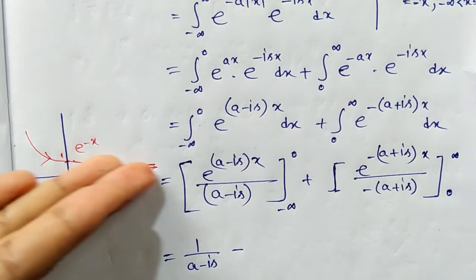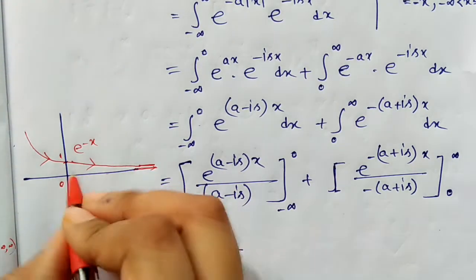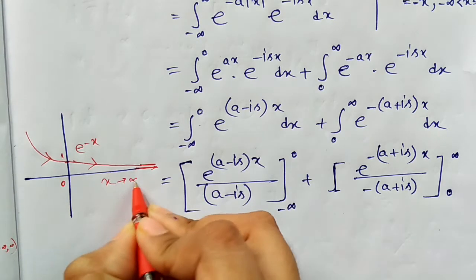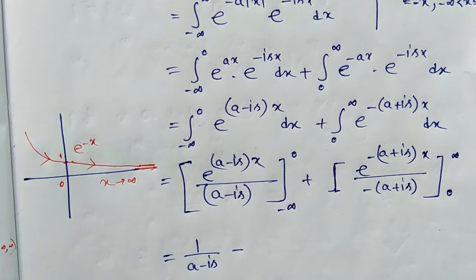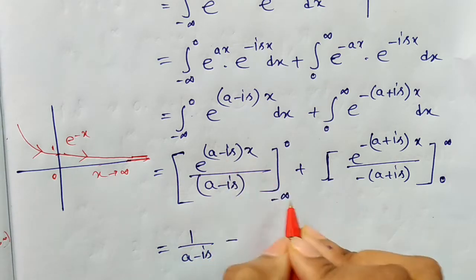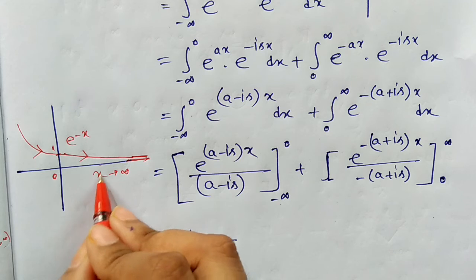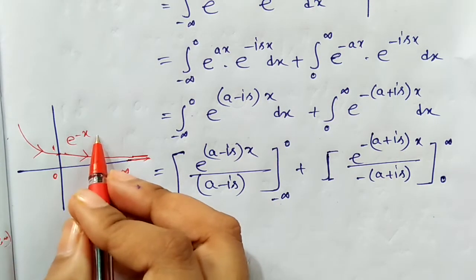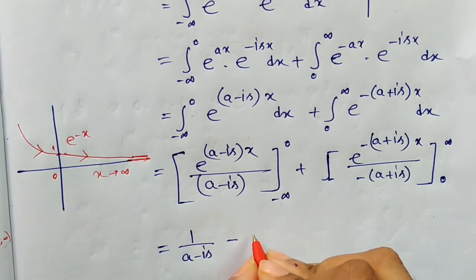As x tends to infinity, the value of e to the power minus x tends to 0. So here e to the power minus infinity, the value will be 0.